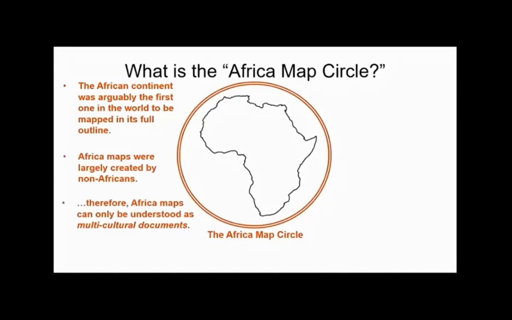Therefore, Africa maps can only be understood as multicultural documents from the beginning. What are the early maps? Well, in many cases, they're transcriptions of places and names for places that were used in the local language. In other cases, they're names applied from European traditions. But which European tradition? Well, it depends upon the European group making the map.